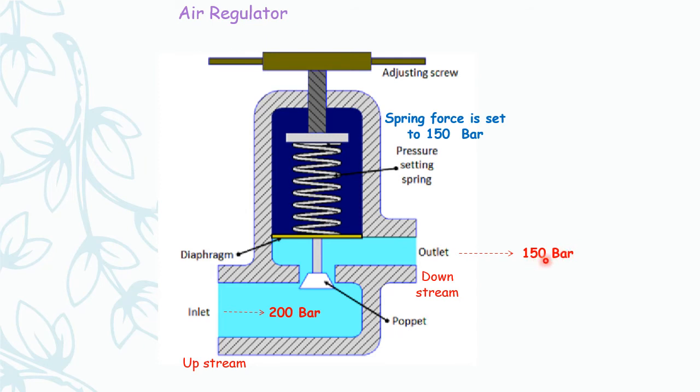So in order to reduce the pressure from 200 to 150 bars, this air regulator is used.